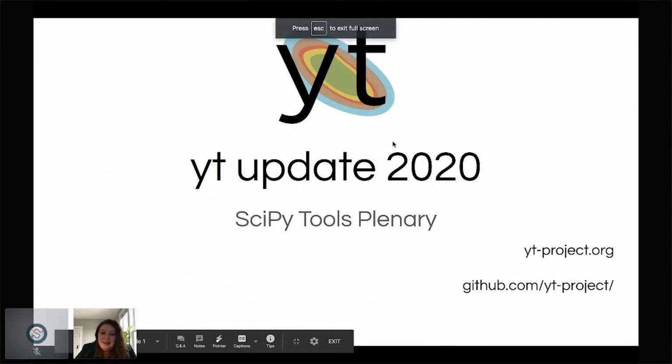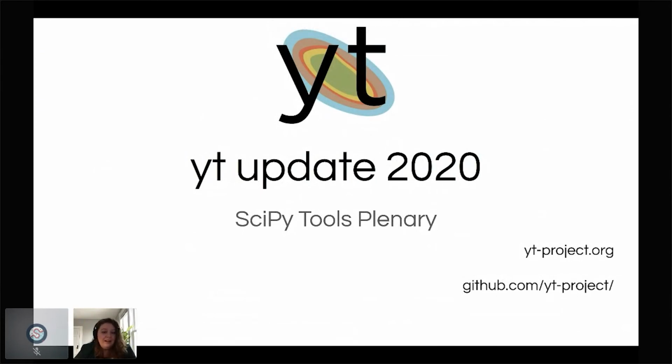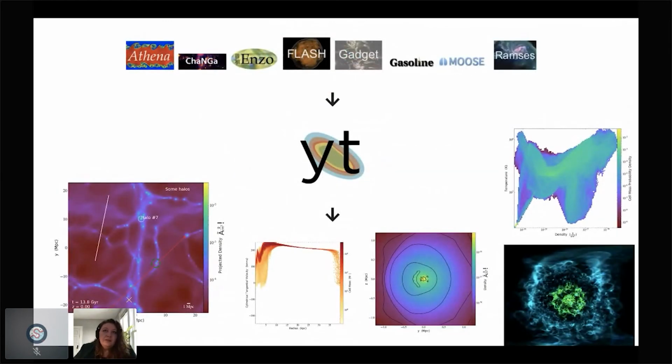Hi, everybody. My name is Madikin Monk, and I'm here to give the update for a project that I work on called YT. For those of you that are not familiar, YT is a Python package to analyze and visualize volumetric data. We have the ability to read and ingest variable resolution mesh, fixed resolution meshes, particle-based data, and many other types of data.